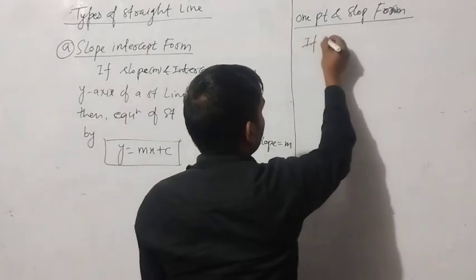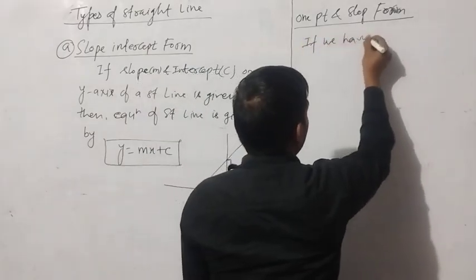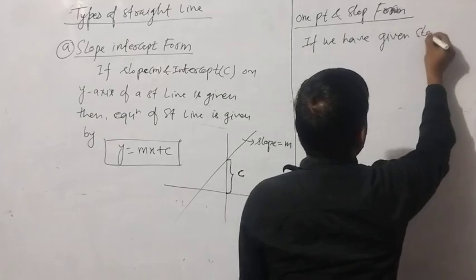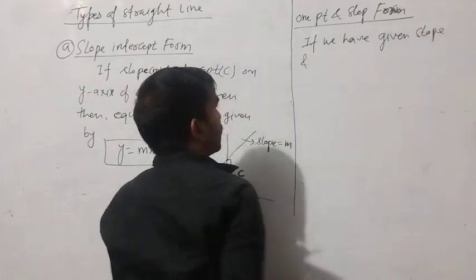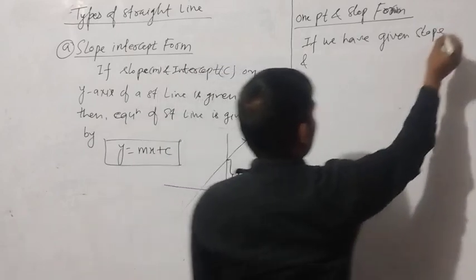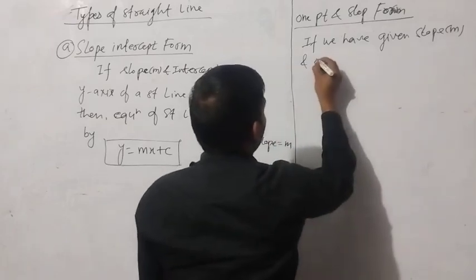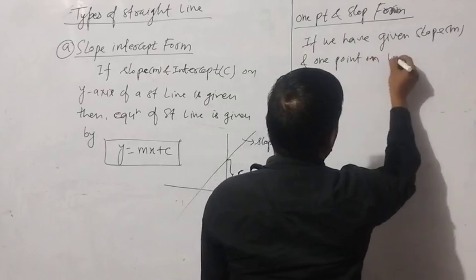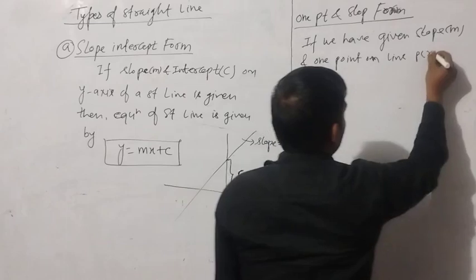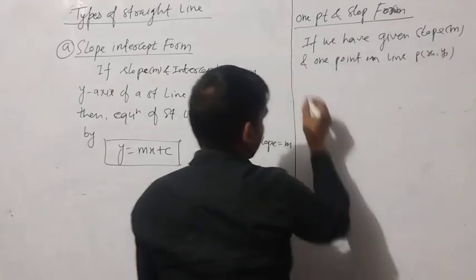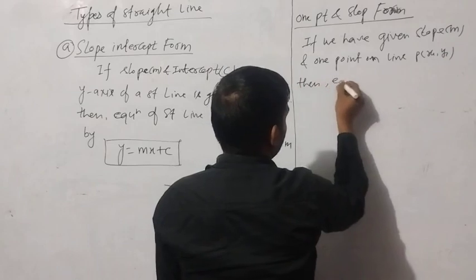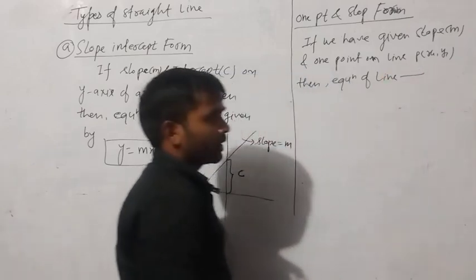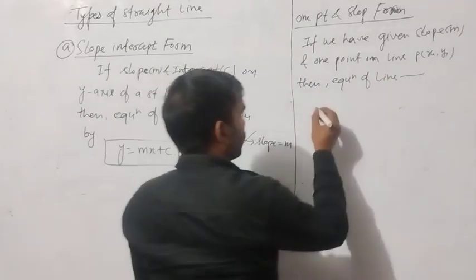So if we have given slope m and one point on the line P x1 y1, then the equation of the line or straight line is given by what?